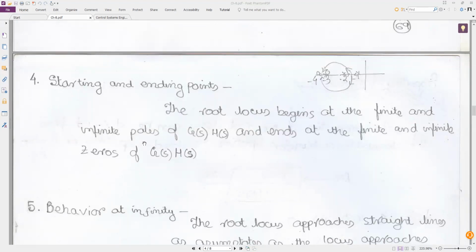It starts from the poles and it ends at the zeros.